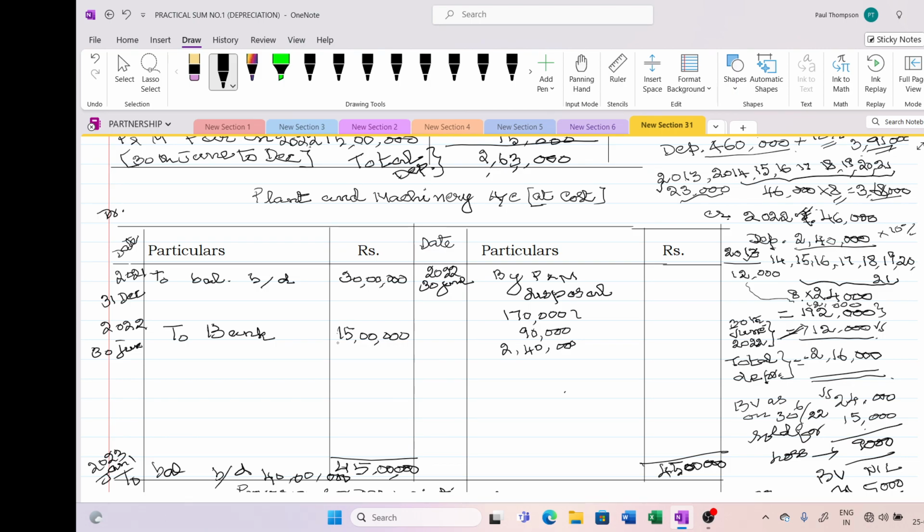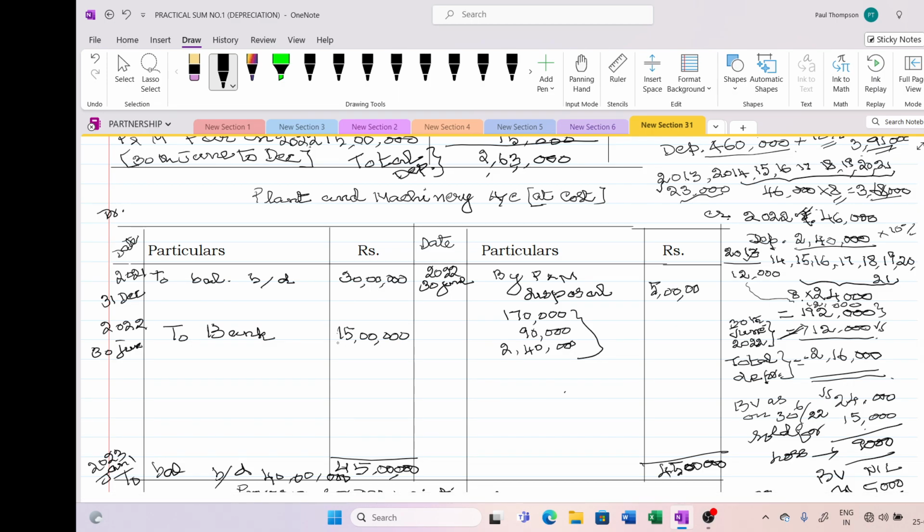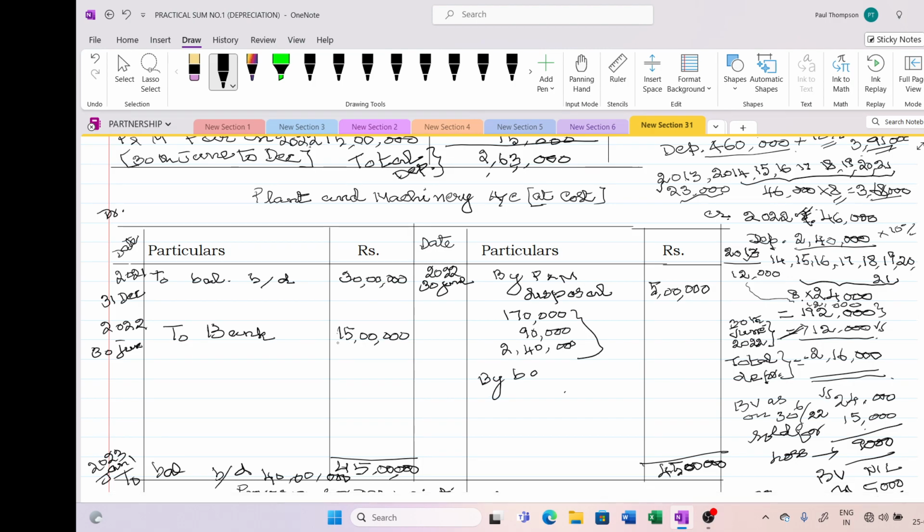So the total comes to 5 lakh rupee. So 5 lakh rupee machine has gone to disposal account because this we have disposed and scrapped during the current year. So what is the balance carried down? Carried down is 40 lakh.